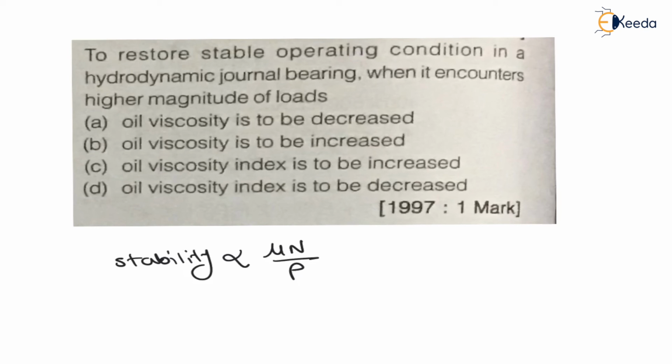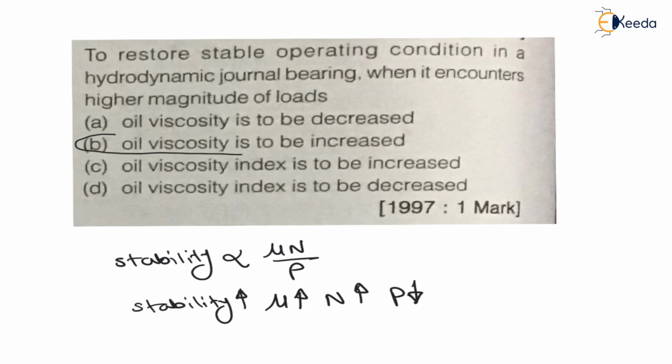Therefore, to increase stability, viscosity must be increased, speed must be increased, and bearing pressure or load must be decreased, right? Therefore, look at the options. Option B, oil viscosity is to be increased, matches. Instead of oil viscosity, if we increase speed, then also okay, or if we decrease load or bearing pressure, then also okay.